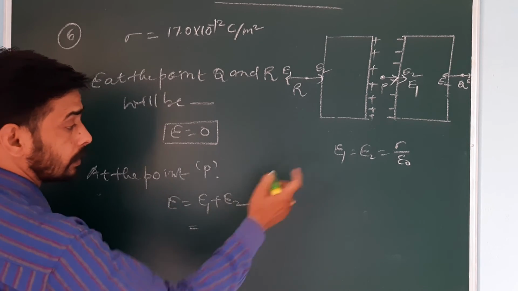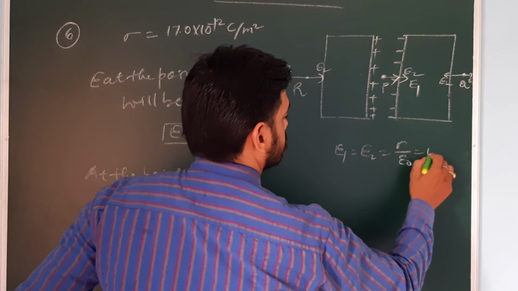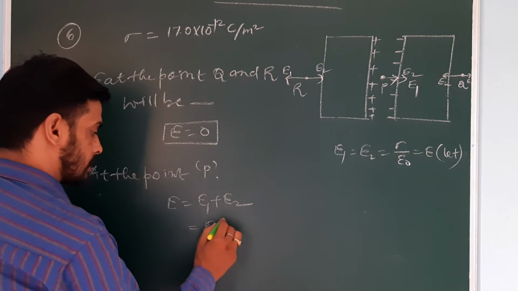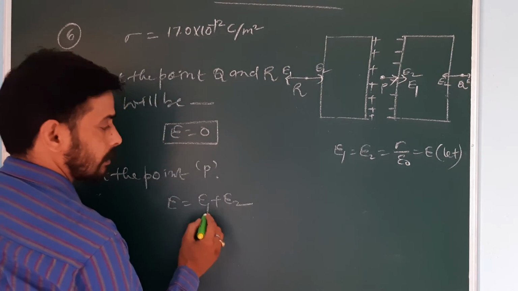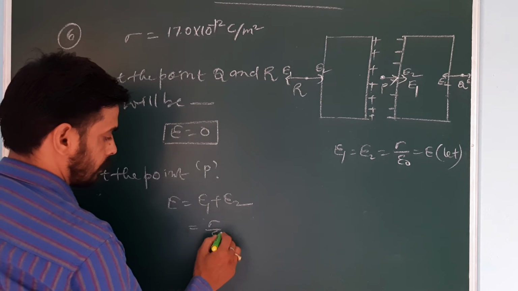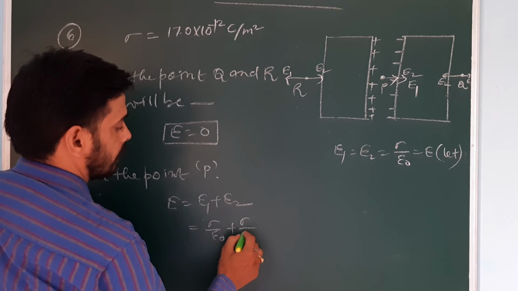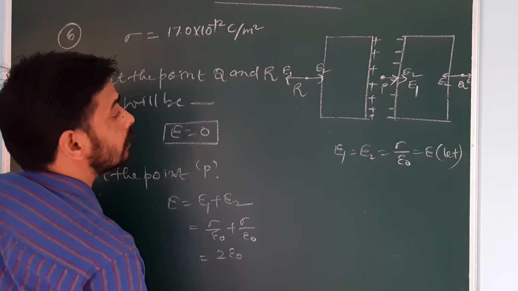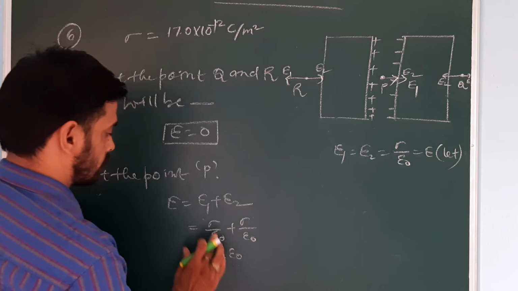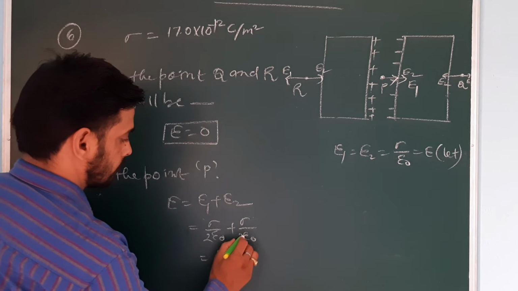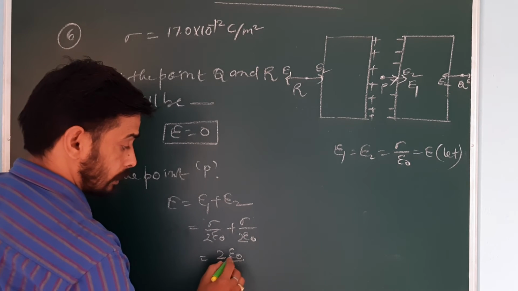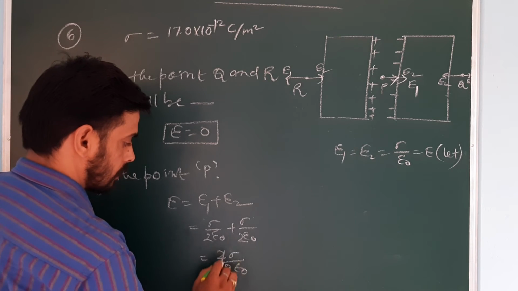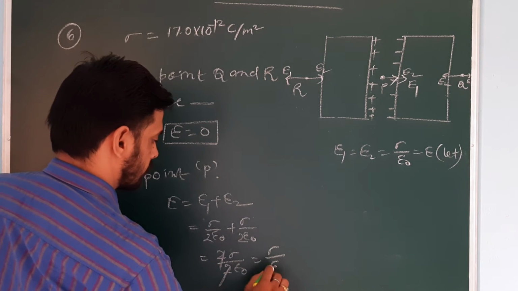E1 and E2 are the same, suppose each is E. So it is sigma by 2 epsilon naught plus sigma by 2 epsilon naught, that is 2 sigma by 2 epsilon naught, which is sigma by epsilon naught.